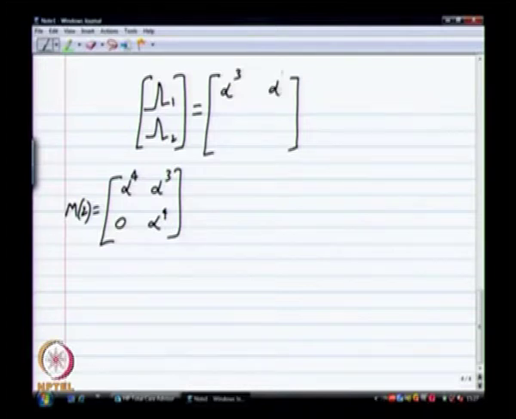Alpha square, 0 and really there should be something else. 1 by alpha we have already done, but 0 and alpha square have to be okay. Has to be. Okay, you are happy?